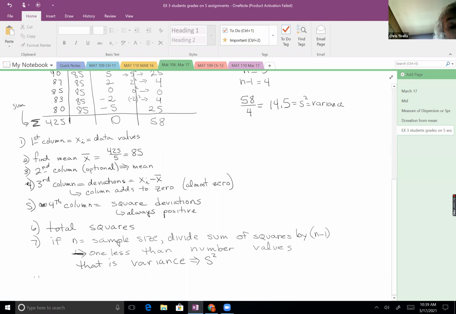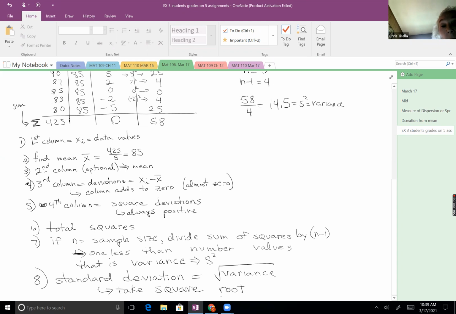So the final thing that we're going to do is we're going to say that the standard deviation is the square root of the variance. So we're going to take the square root of that number. So the square root of 14.5 is my standard deviation.